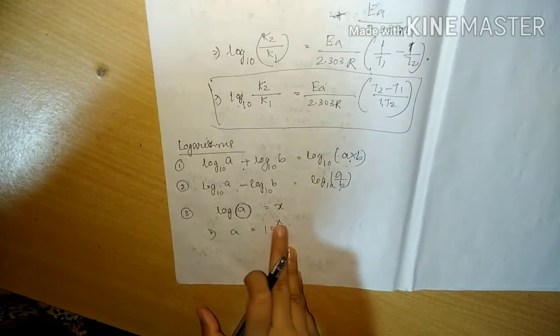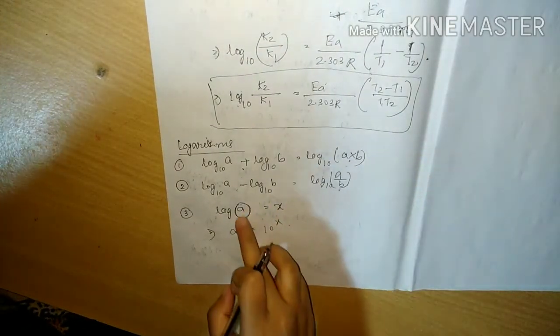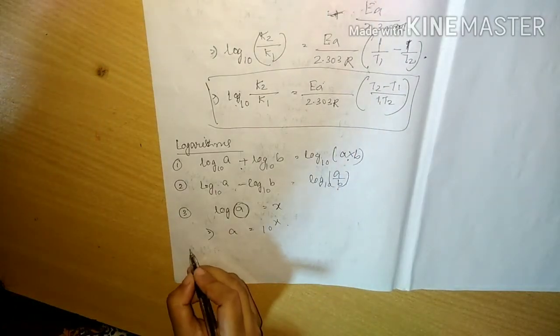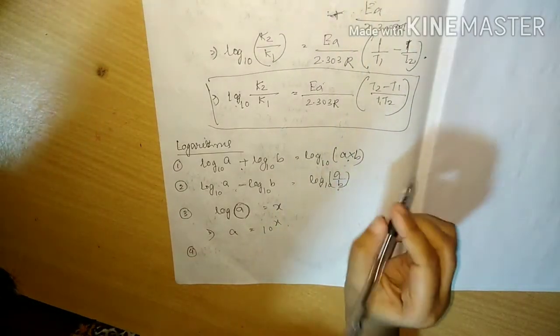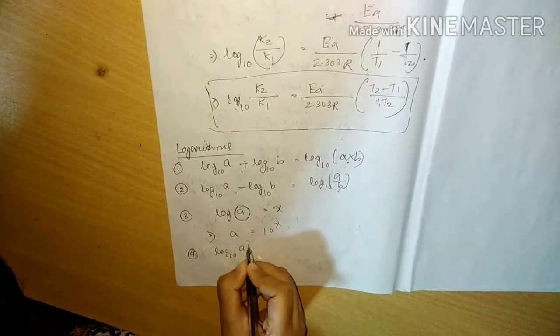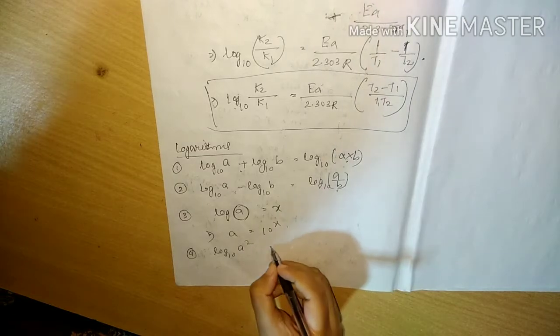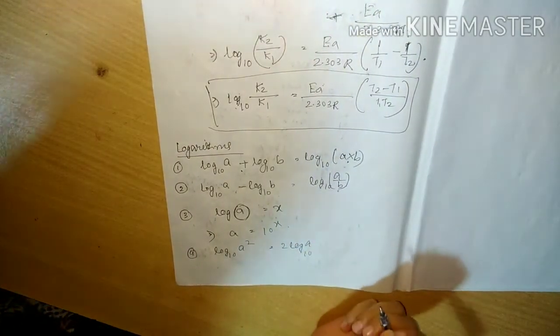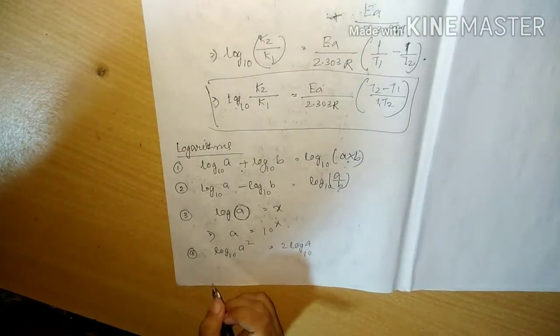Antilog gives 10 to the power x if you need to find A. Next, log base 10 of A square is equal to 2 log of A base 10.